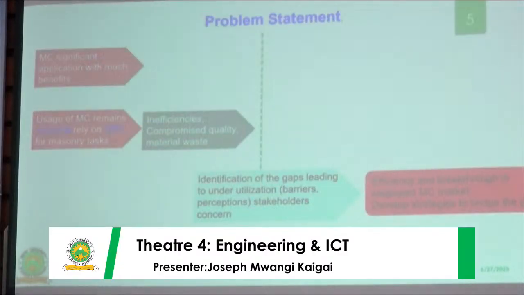Now, in my problem statement, you realize that masonry cement has significant application and advantages, but unfortunately there is still minimal use, and many people rely so much on ordinary Portland cement, which has unnecessarily high strength, and this leads to inefficiencies, compromised quality, material waste and unnecessary cost. My research wants to identify the gaps leading to this underutilization.